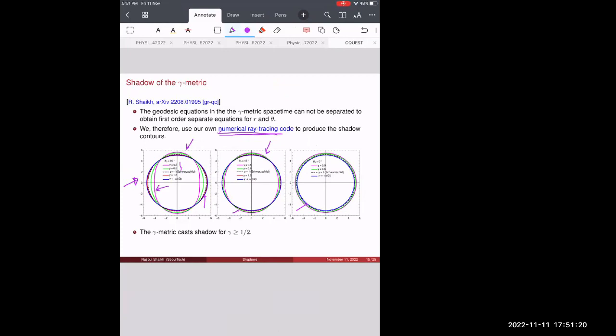Depending on different emission processes, the image will be different. The shadow boundary must correspond to this, because this is the property of the space-time. Yes, but if we consider, say, interaction of photons with plasma or something like that, then the case is different. The shadow contour might get modified.